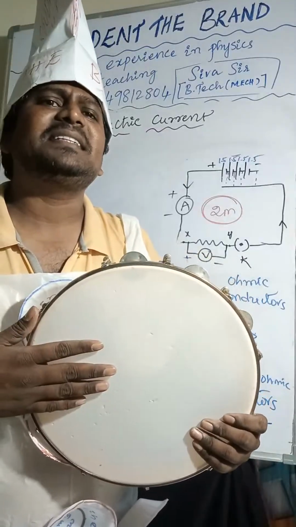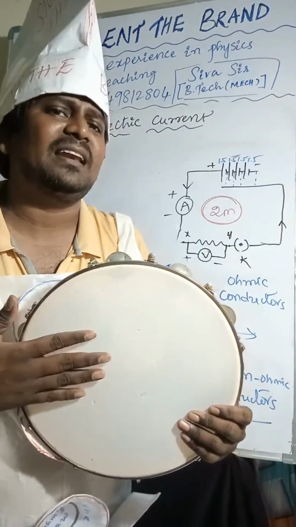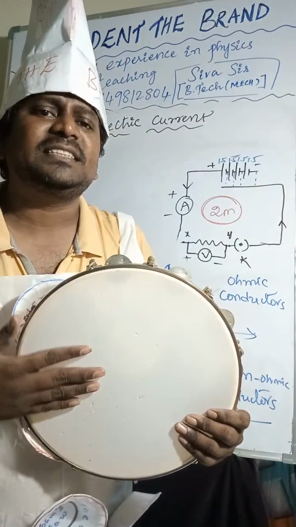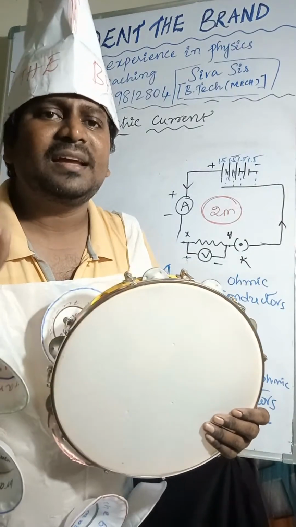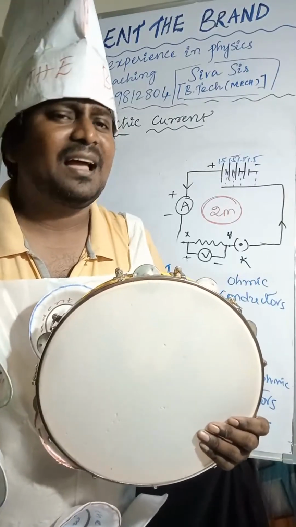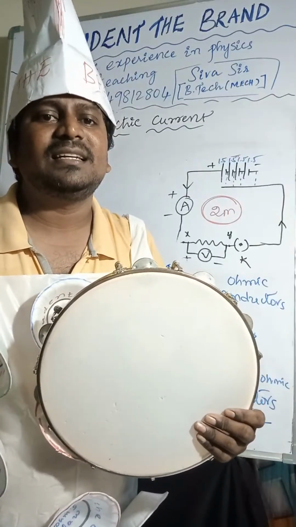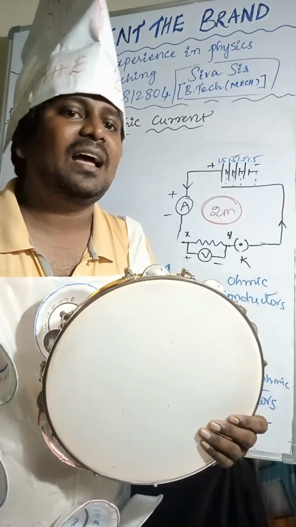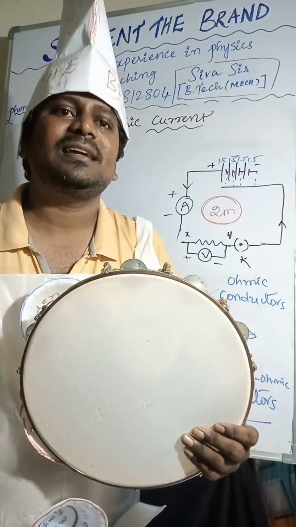New Cartesian sign convention, new Cartesian sign convention. All distance measured from the pole. Distance positive along the instant trace. Distance negative opposite to instant trace.